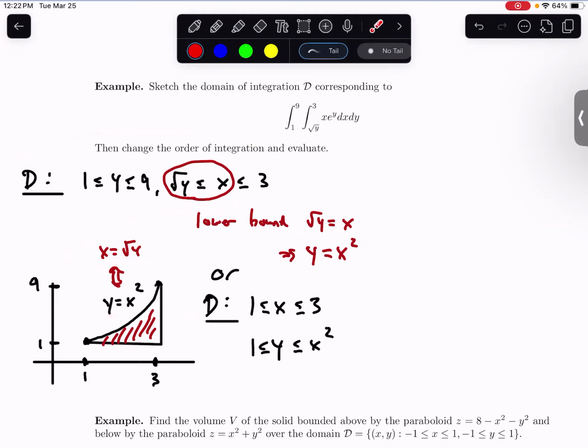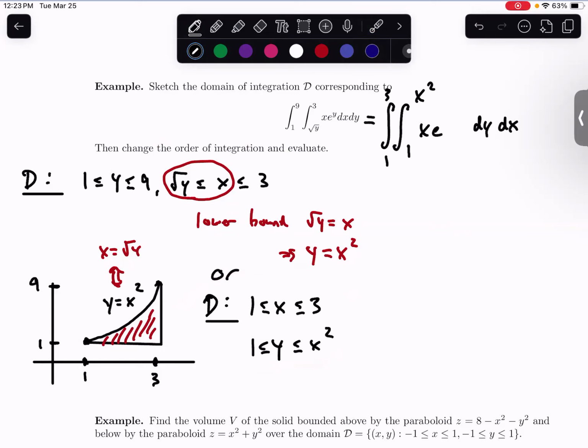Okay, so this is how you can switch the order. If you wanted to switch the order of the integral we have here, we can use this interpretation rather than the other one. The integral we started off with is the same thing as the following double integral: going from 1 to x squared with respect to y, and then going from 1 to 3 with respect to x, of x times e to the y.